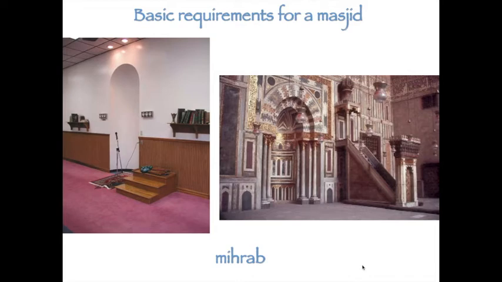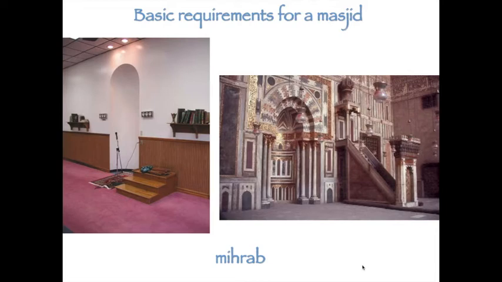Mosques have adopted a number of mnemonic or memory tricks or reminders for the elements of prayer. The primary architectural element is the mihrab, or the niche in the wall of the musalla, or prayer hall, that faces Mecca.